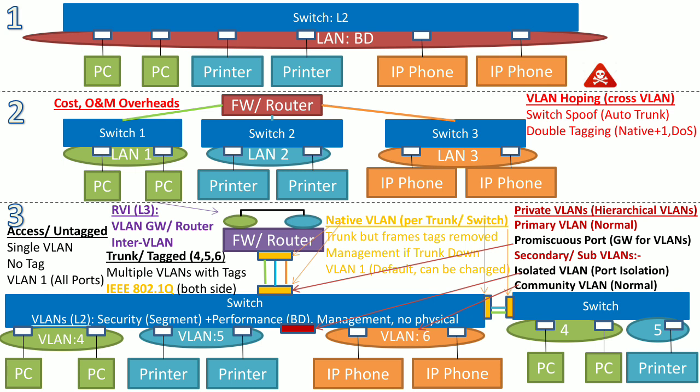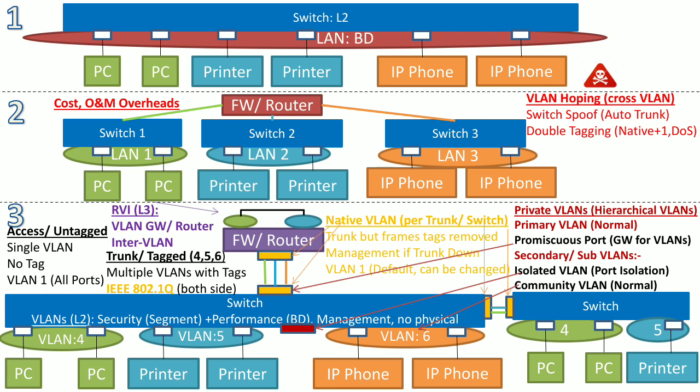So he will send a frame which has two tags. The first tag is of the native VLAN and the second tag is of the target VLAN, and he sends this frame to the trunk port.